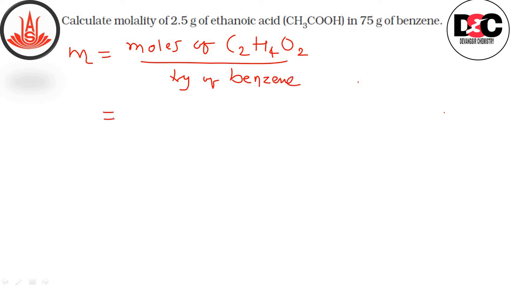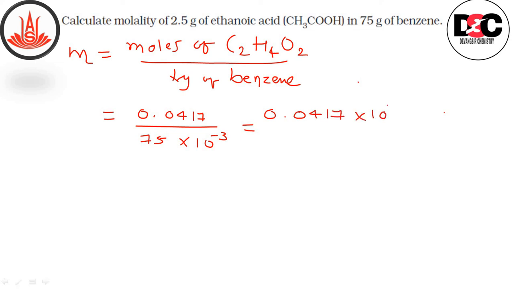So moles we have calculated 0.0417 upon the kilogram of benzene, just now we have calculated 75 into 10 raised to minus 3. 10 raised to minus 3 will go in numerator, so it becomes 0.0417 into 10 raised to 3 upon 75.